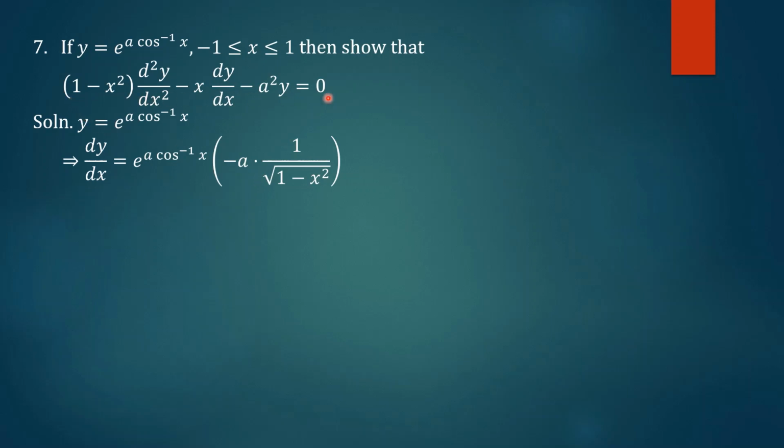You check the answer part, this is your statement to be proved. The term is not containing root over 1 minus x square, it is containing only 1 minus x square. So certainly you are to make whole squares both sides of this expression, and before that actually this term can be replaced by y. So before that you replace this term by y, you write that line.